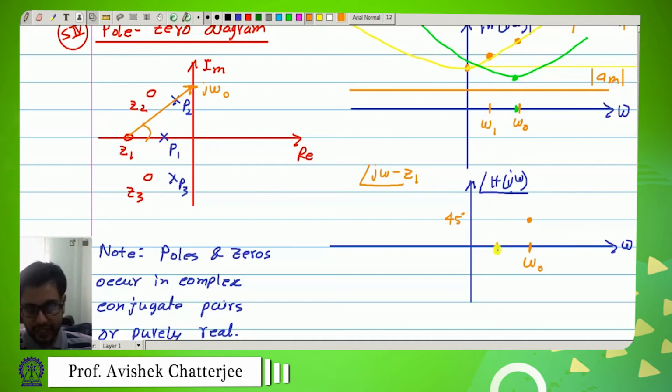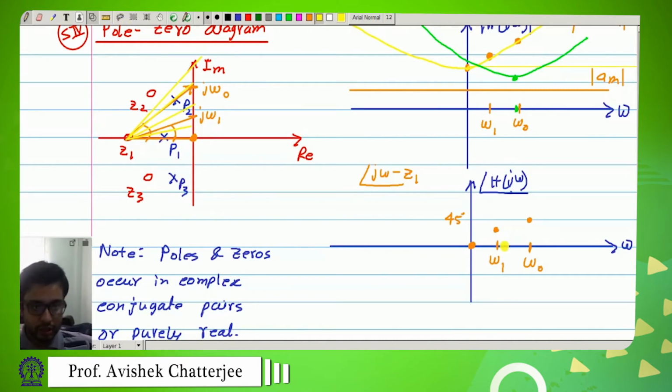Suppose I pick omega equal to omega 1 here, then you mark that point here, j omega 1, join these two, and now this angle is maybe around 30 degree, so you mark that point here, and in this way you vary the value of omega, and when omega is 0, it is here, then the angle is also 0, so here we will mark angle 0, and as you increase omega towards infinity, you can see that the angle also increases and it goes towards 90 degree in the extreme case.